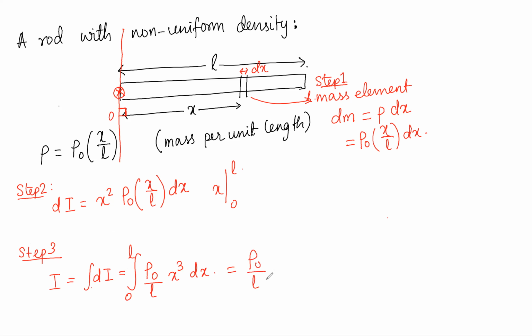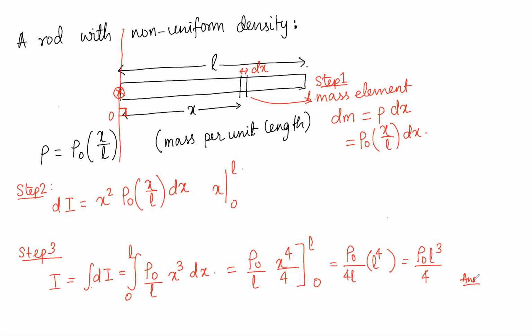The integral of x to the power n dx is x to the power n plus 1 divided by n plus 1. You integrate from 0 to L. So what will you get? Rho 0 divided by 4L, and the only term you will get is L to the power 4, because 0 to the power 4 is basically 0. So you'll get rho 0 L cubed divided by 4. That's your answer.